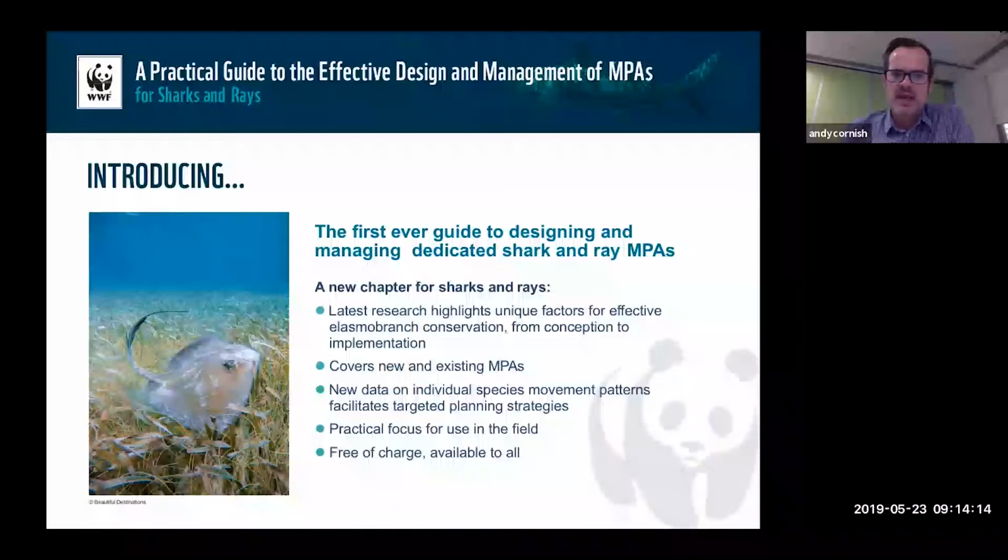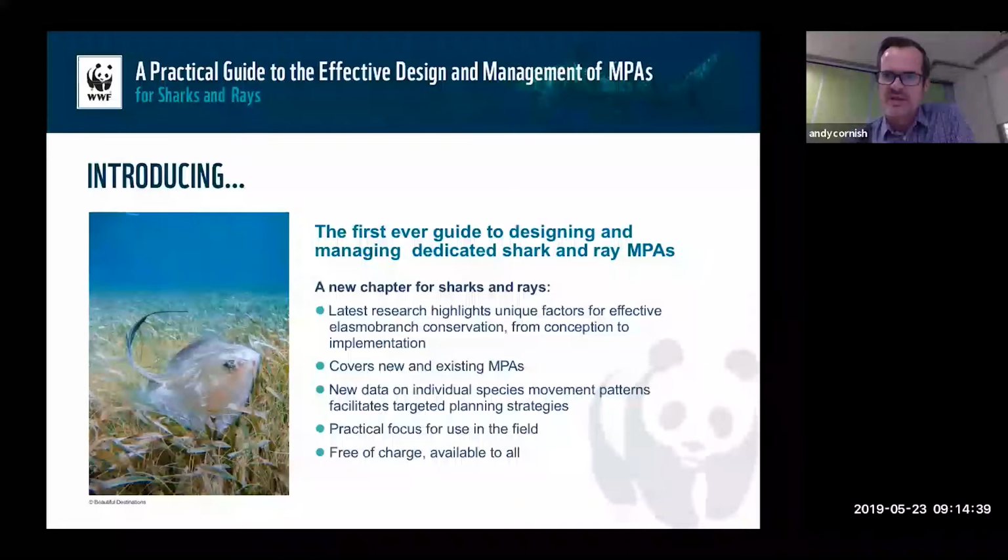So yes, this is surprisingly their first dedicated guide to MPAs. We've really tried to make use, as I said, of the latest research. And one of the other areas of research that James Cook undertook was to collect pretty much all the movement data, so shark and ray movement information.